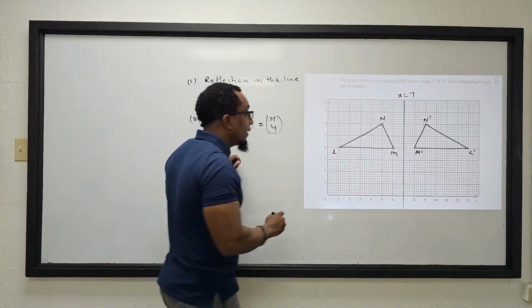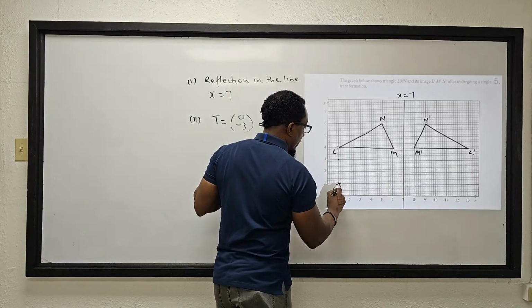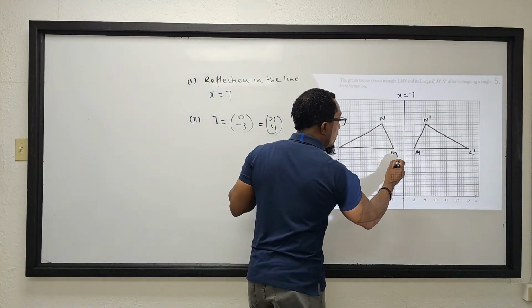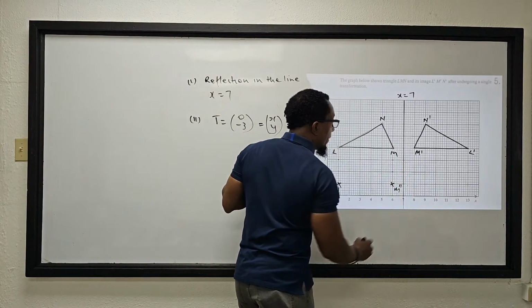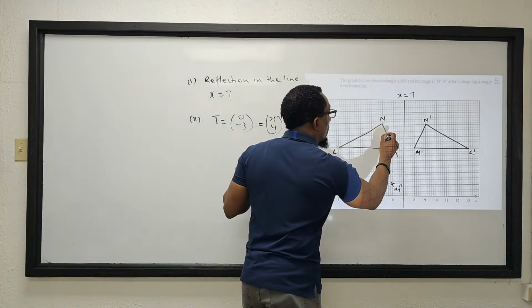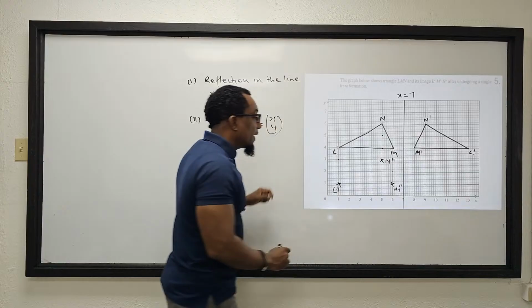So let's take L. I'm going to move 3 places downwards. 1, 2, 3. That's L double prime. Let's take M. I'm going to move 3 places downwards. 1, 2, 3. That's M double prime. And let me take N. I'm going to move 3 places downwards. This is 1, 2, 3. That's N double prime.